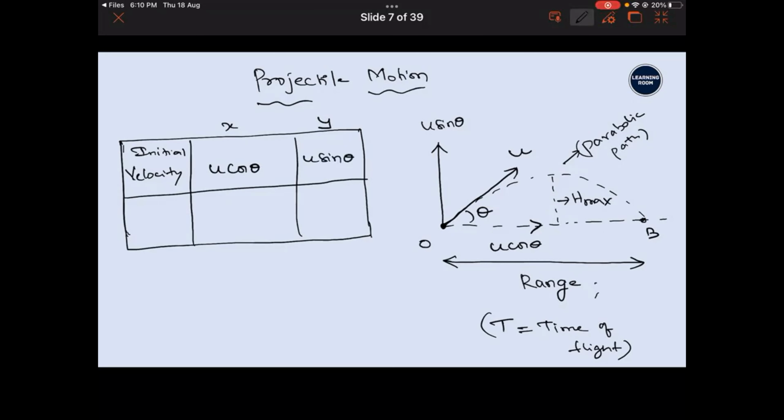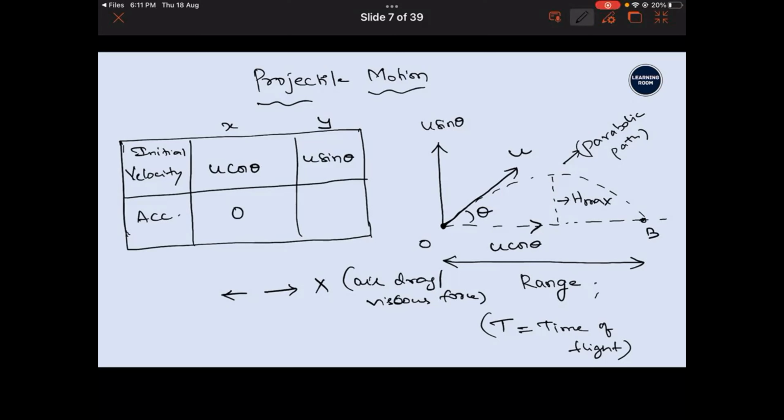Accepted? Similarly, if I talk about the acceleration, if you observe in the horizontal direction, there is no air drag or viscous force. Viscous means resistive force. So in the horizontal direction, there is no force acting at all. When the force acting is zero, the acceleration along the x direction is completely zero.